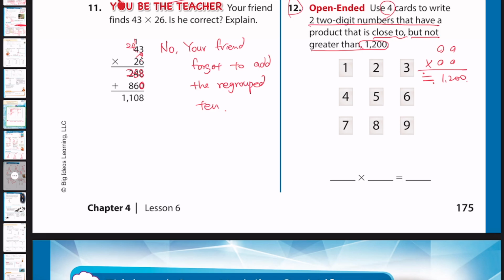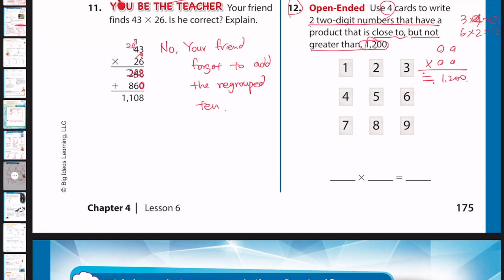Okay, so let's use the estimate. What can be this 1,200? Maybe let's put this for 12, and then we need to add 2 zeros at the end, right? So I'm going to say 3 times 4 can be 12. And what else? 6 times 2 can be 12 too.